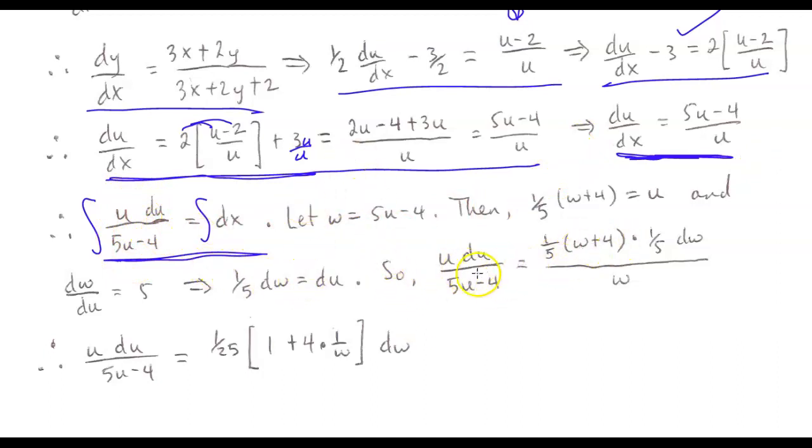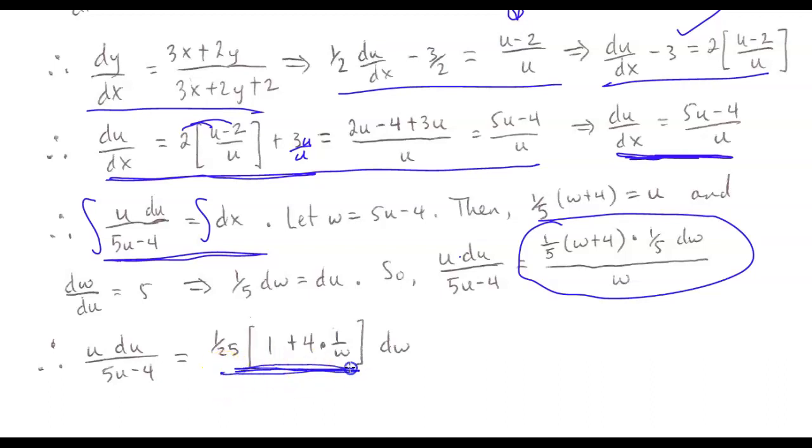So we do that, and of course u times du over 5u minus 4, we can rewrite as what you see here. I've rewritten it some more to make it a little bit easier to deal with whenever we actually have to take the antiderivative of this. And so I rewrite it in this form so that it's relatively easy to do.